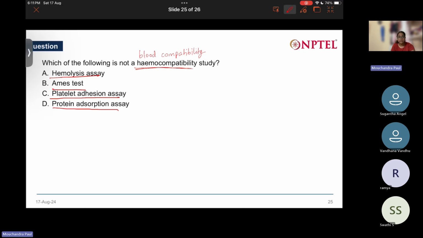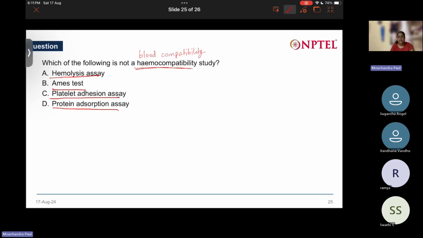Hemolysis assay is an experimental technique where you see whether the blood cells are getting lysed in presence of your material, whatever material it is. It is called hemolysis assay.